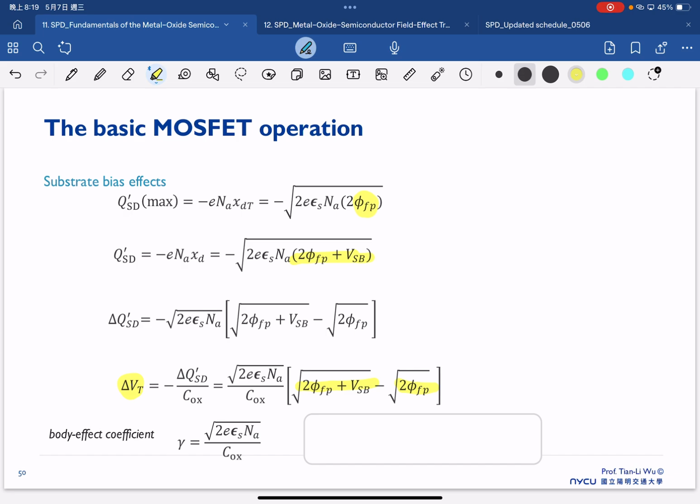Therefore, we have what we call the body effect coefficient gamma here. With this gamma, we have delta VT equal to this one.